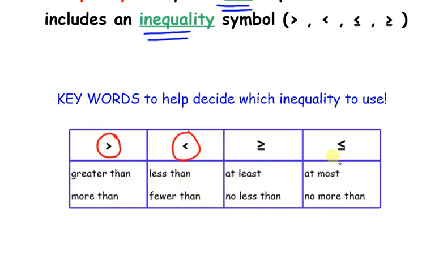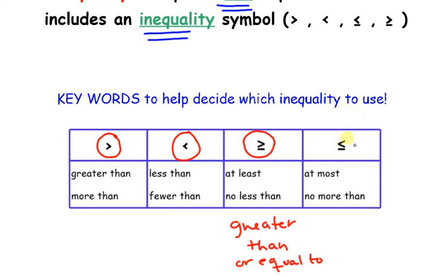But I'm going to introduce two new ones to you. This is the greater than sign, but it has a bar under it. What it means is greater than or equal to. Okay, so that's what we call it. Greater than or equal to.